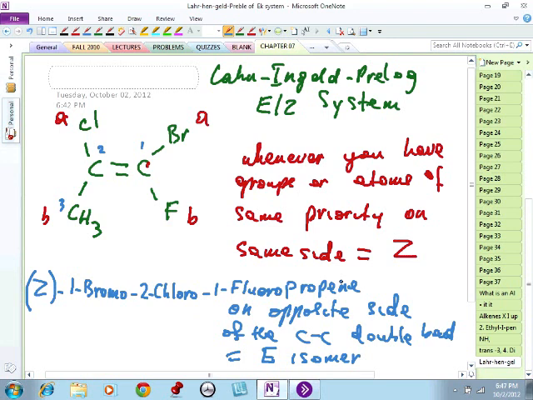You follow that? Okay. If you put it, I will not penalize you, but you don't really need to put it here. Okay, now, let us look at another example. Okay, so this becomes Z-1-bromo-2-chloro-1-fluoropropane.